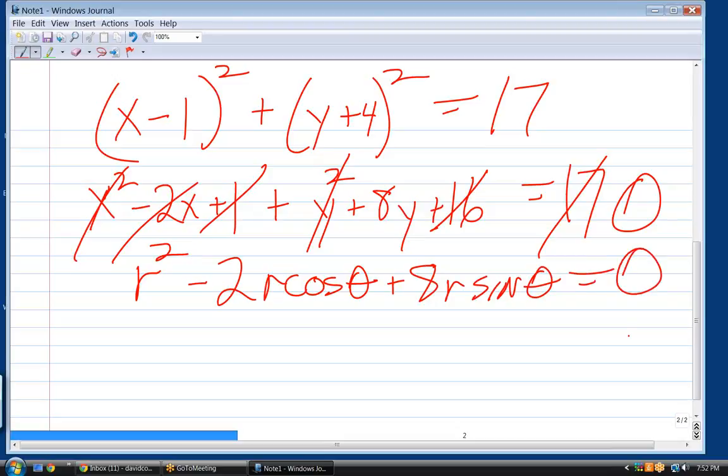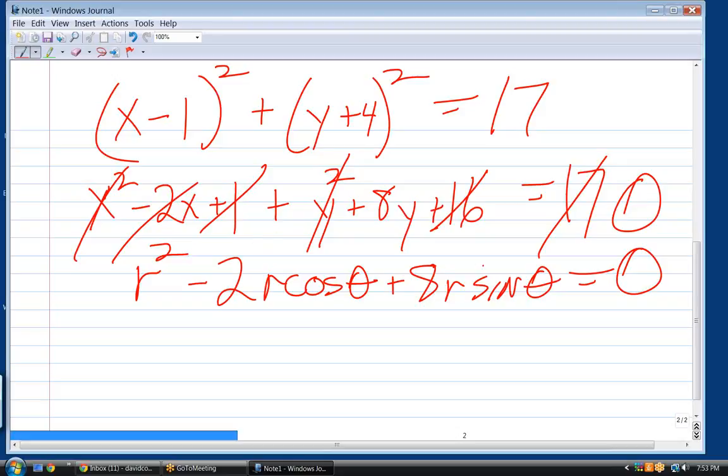What's the next step? Now we get r by itself. So do you factor r out like last time? Yeah, we can do it that way, although it actually makes more sense to just always assume r is never going to be 0.